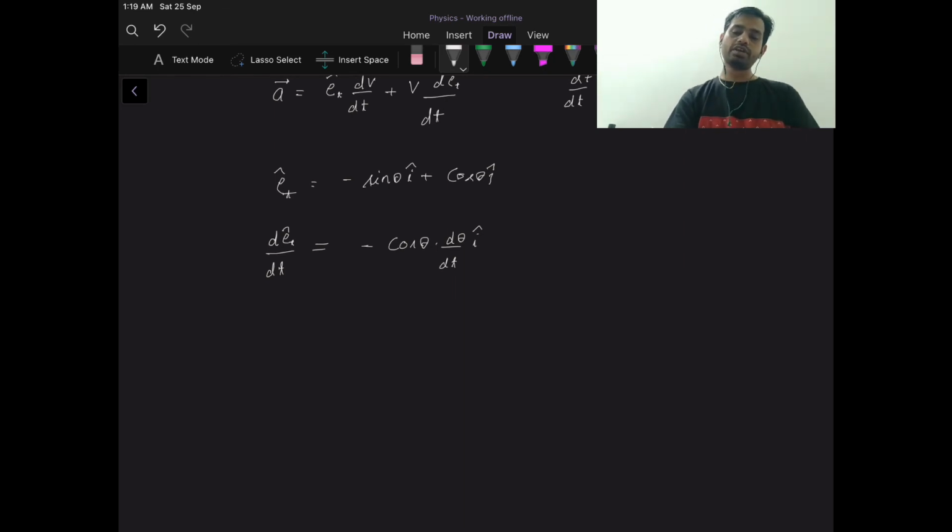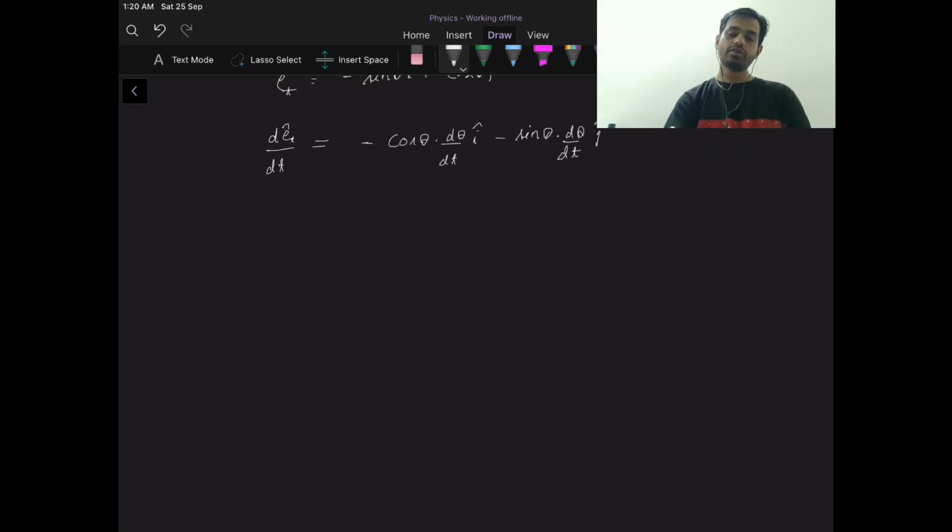The differentiation of cos theta is minus sine theta. So this is equals to minus of sine theta into d theta by dt, this into j cap, right.